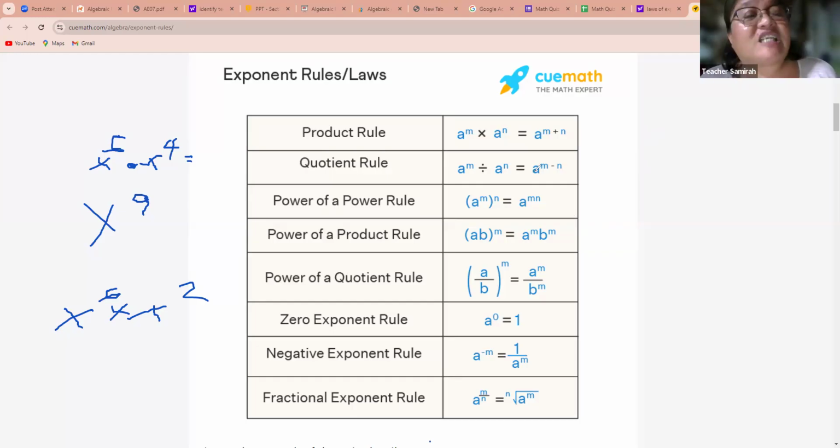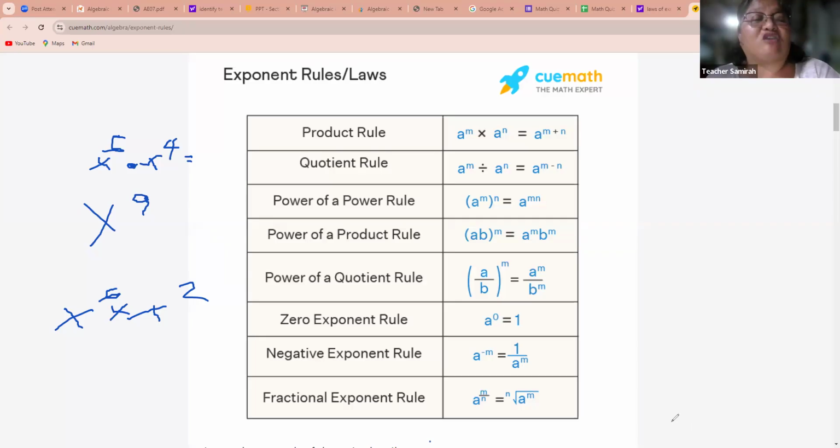How about if there is a coefficient at the beginning of the variable? If you see a coefficient beside the variable, you simply need to multiply the numbers. Take note, if you cannot see any number beside the variable, that means it is 1.